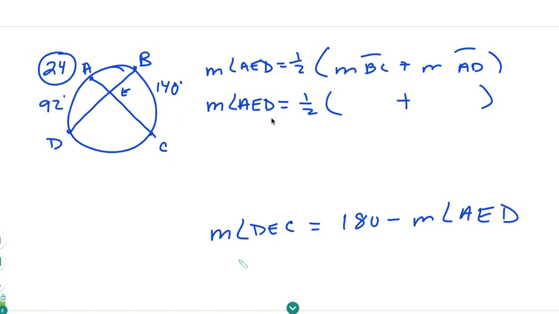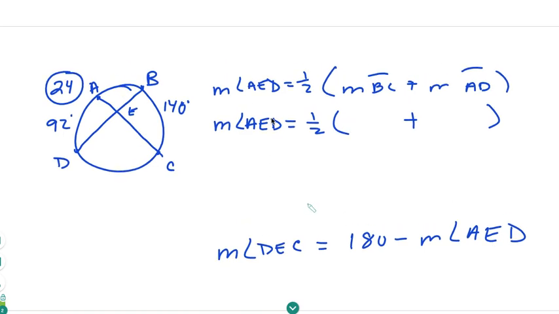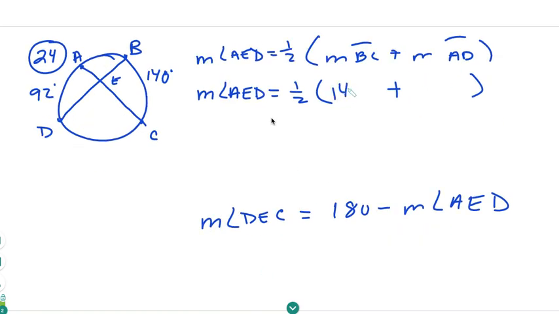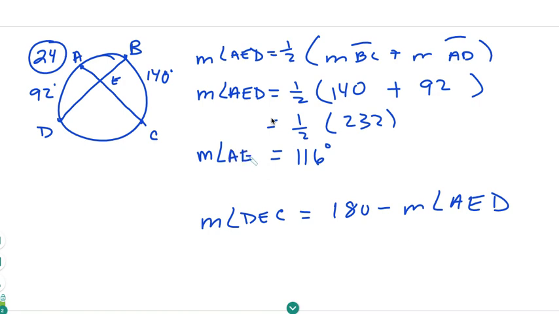Now the measure of AED is going to be half of BC, which is 140, plus half of AD, which is 92, so 1/2 of 232 is going to give us 116 degrees for AED.